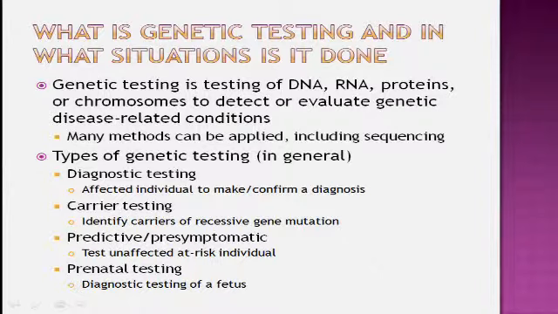Predictive or presymptomatic testing is testing that's done on an unaffected individual who is at risk of disease based on their family history, in order to identify information that can help them plan their lives. And prenatal testing is also not relevant to adult onset diseases, but that's essentially diagnostic testing on a fetal sample.